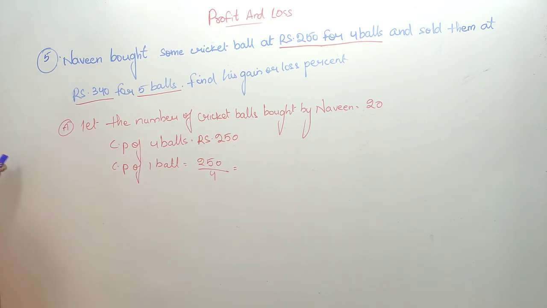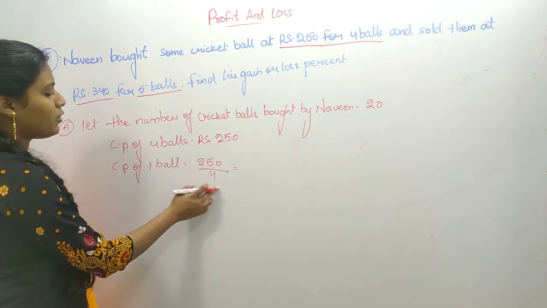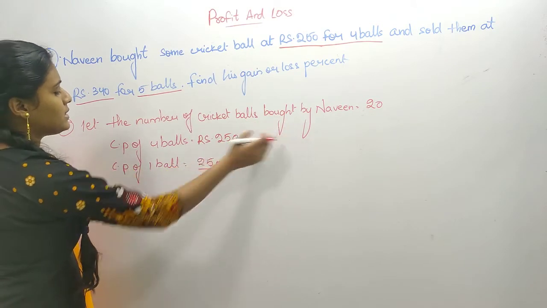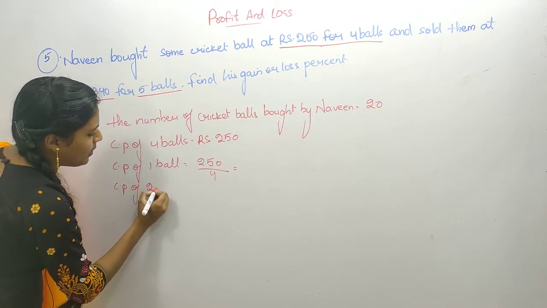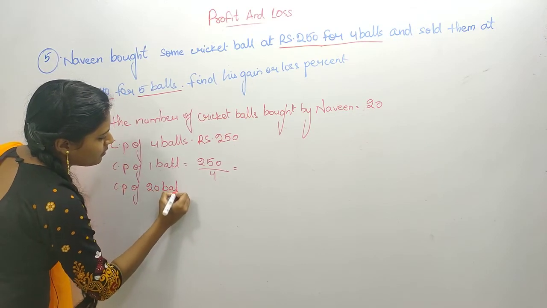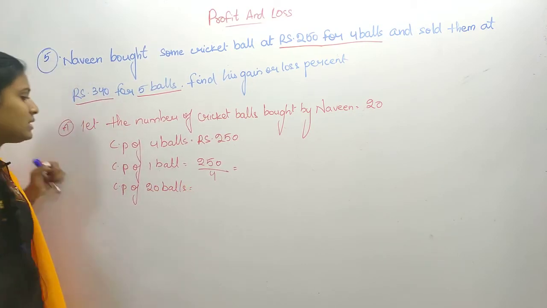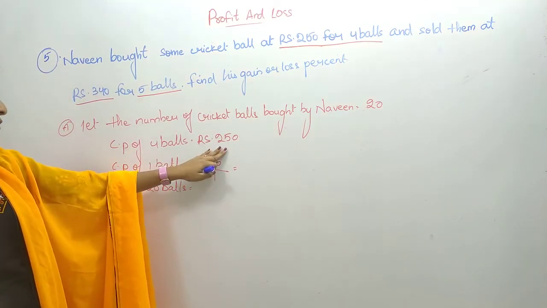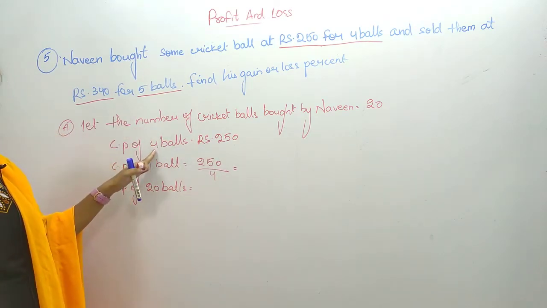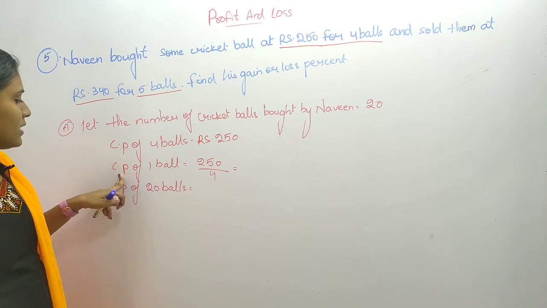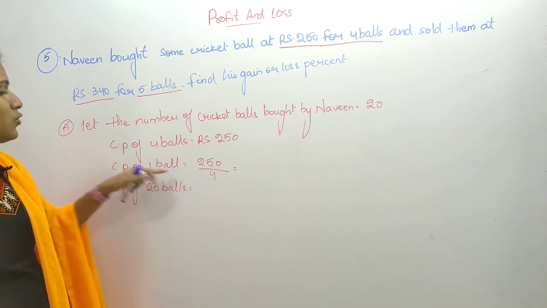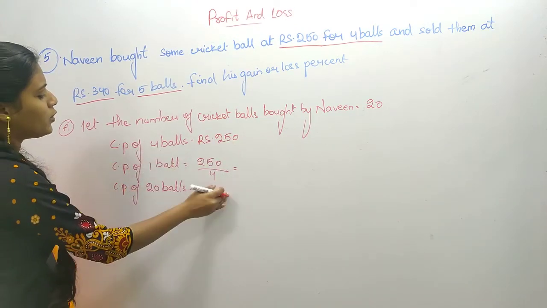Now we will find the cost price of 20 balls. Since the cost price of 4 balls is given, we also find the one ball. Cost price of one ball is equal to 250 by 4.